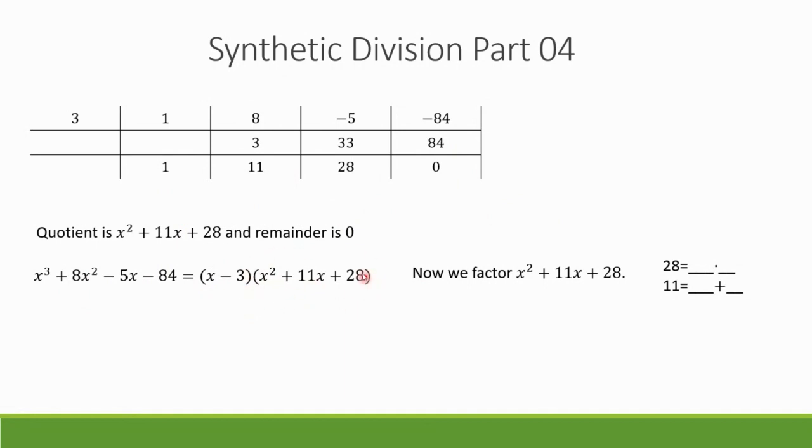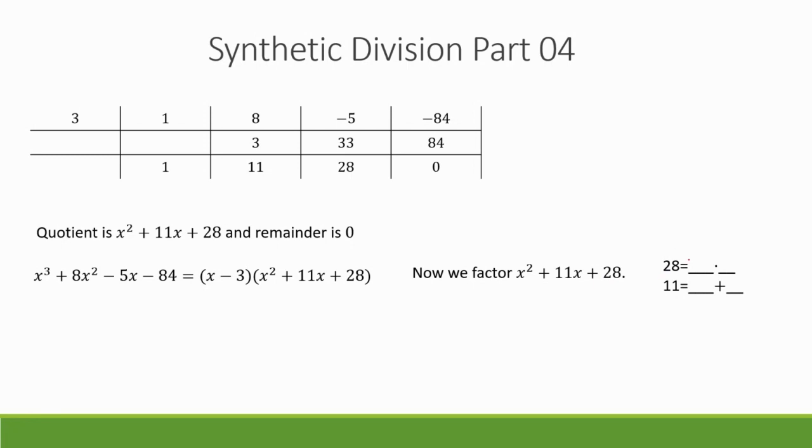This isn't that bad, actually. And why is that? Well, because we have a trinomial of degree 2. The leading coefficient is 1, so we do that method that we saw earlier in the course. We want two numbers whose product is the constant term, but whose sum is the coefficient of x.